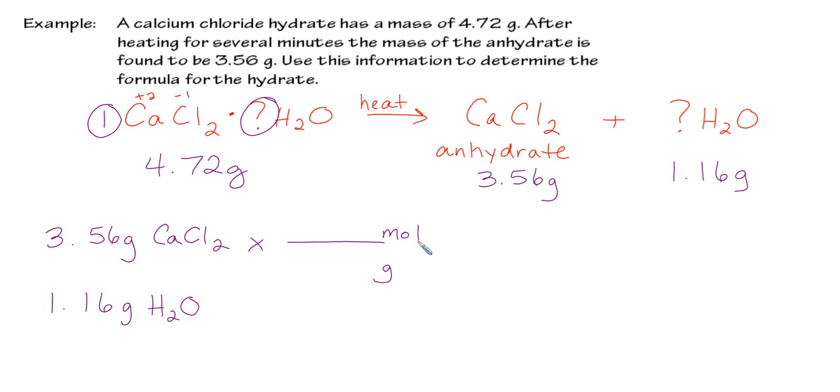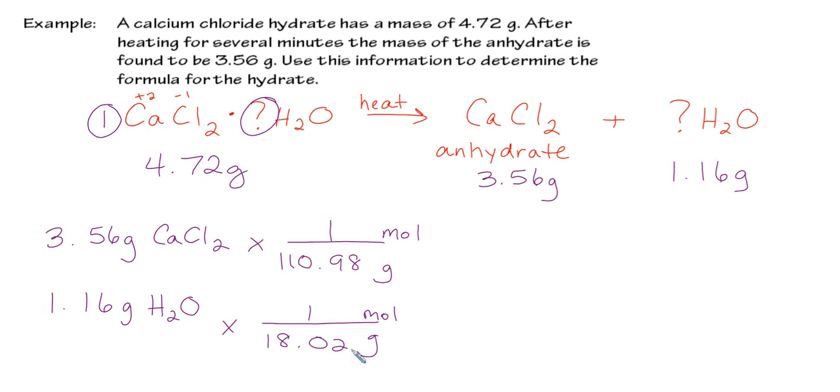It's okay that they're compounds. We'll add it up on a calculator. We've got a calcium plus 2 chlorines. I get 110.98. And then we'll do the same with the water. Cancel grams, put it into moles. 1 mole of water, about 18.02.